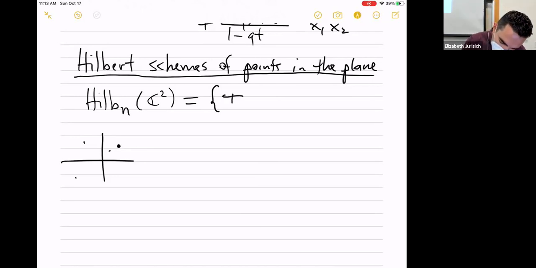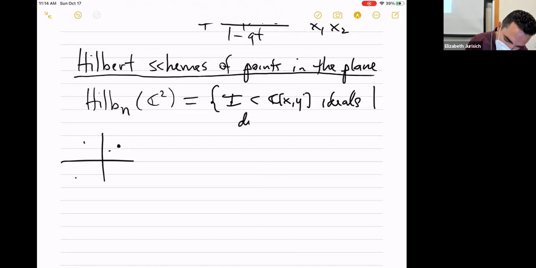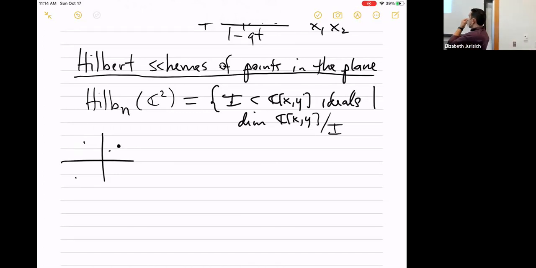So at the level of points, you say that these are ideals. So that's what a point looks like, where the dimension of C[x,y] over I is n.